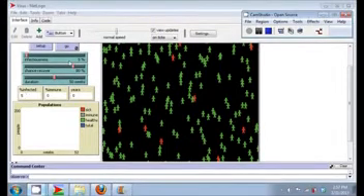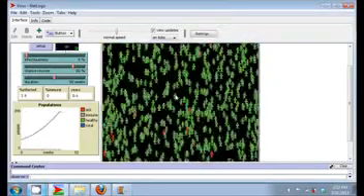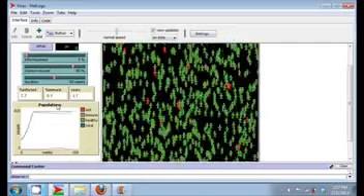Another scenario is a small percentage of infectiousness, which is 5%, and 80% chance recovery. Let's see the simulation. Initially, we have 5% infected people.